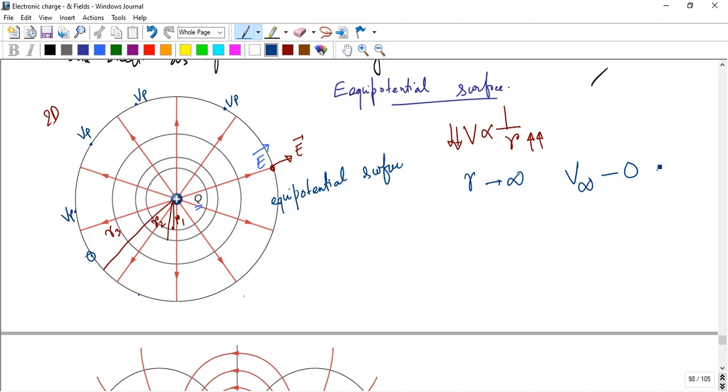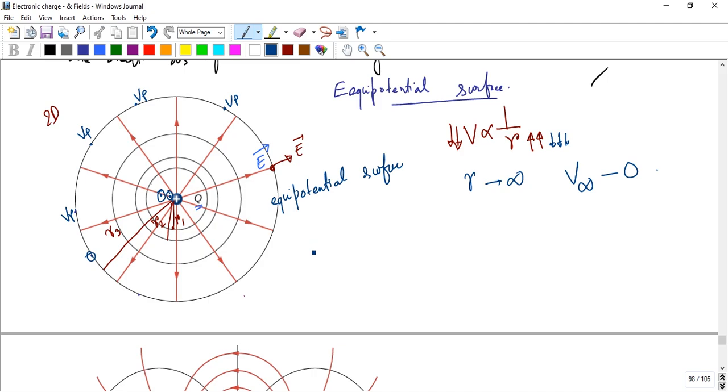We know that. So actually potential is maximum near the charge, close to the charge. If r is very small, very close, at that point the potential is the maximum. If r is more, the potential is less.